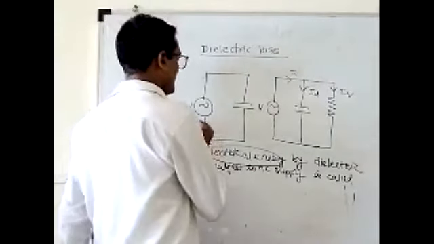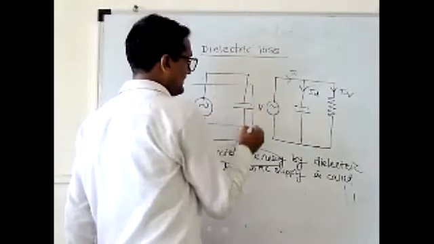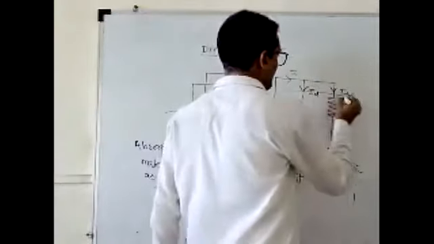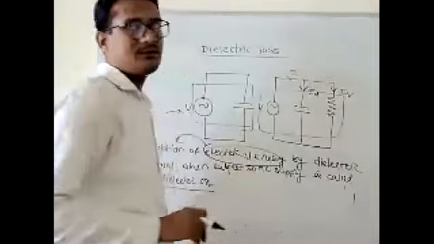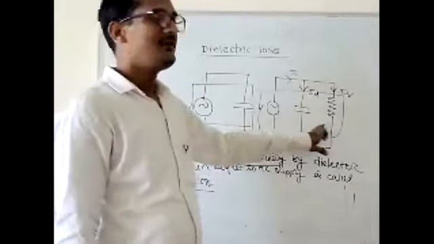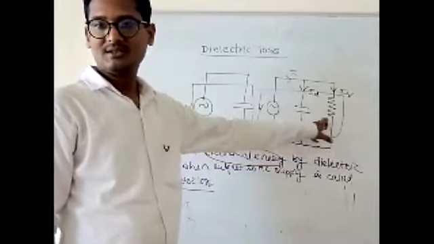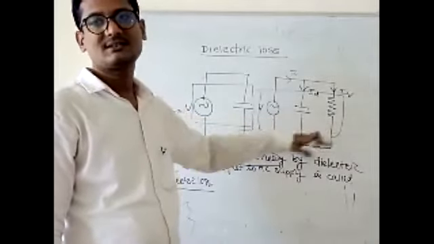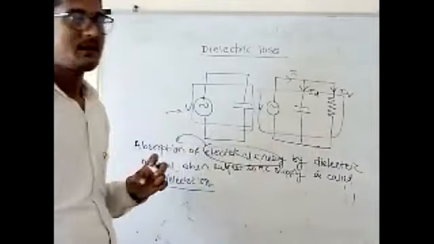So here I draw two diagrams. This is for the ideal and this is for the practical. In case of practical, there is always an internal resistance present, and this internal resistance absorbs the electrical energy.